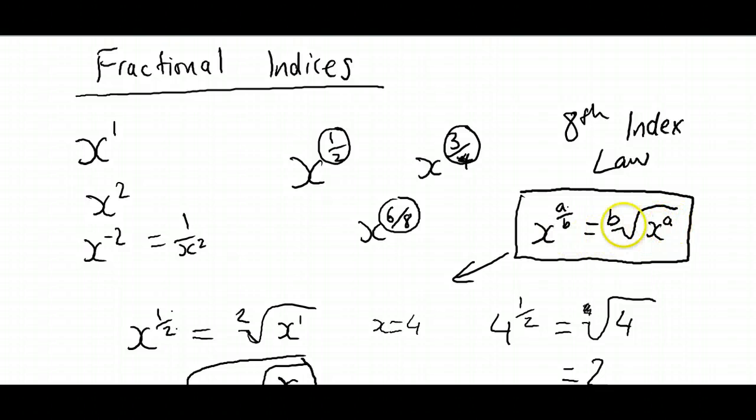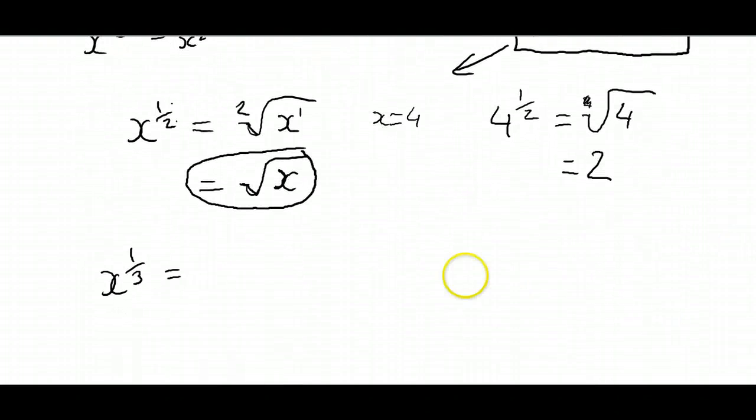So the a is going to go here and the b is going to go here. So let's rewrite it according to that law. So we've got x inside the square root. This is going to be a 1 because that's a 1 on top, and this is going to be a 3. Okay, so it's the 3rd root, or it's also known as the cube root.